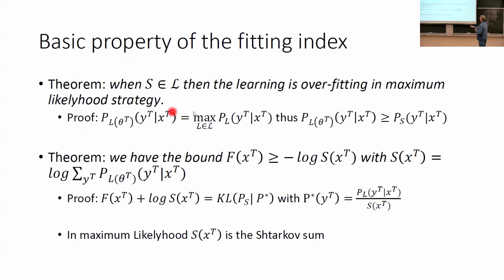The proof is just the fact that this is the maximum over all learning models of this quantity, and therefore you have this bound. Here is a less obvious bound: whatever the strategy, if we have overfitting, then the overfitting cannot be larger than the logarithm of the Starkov sum.